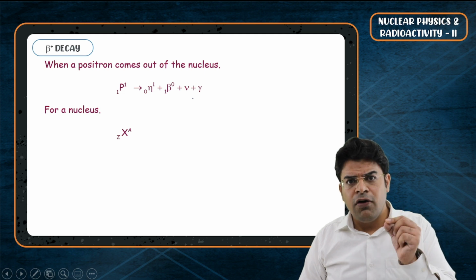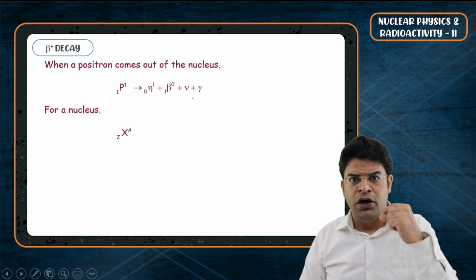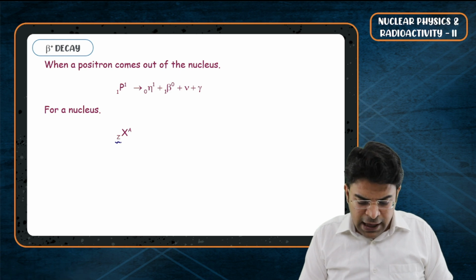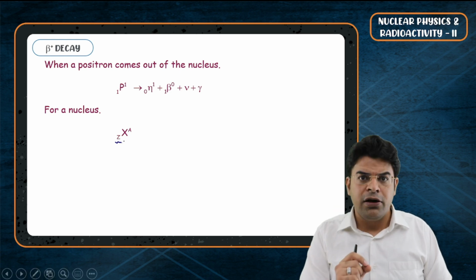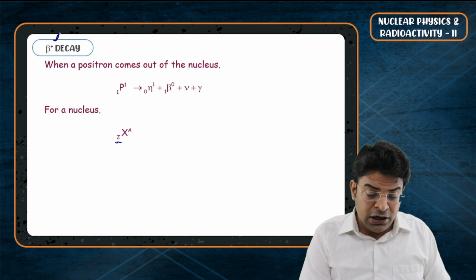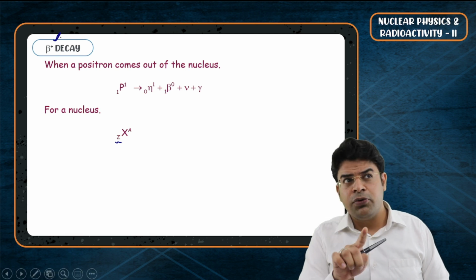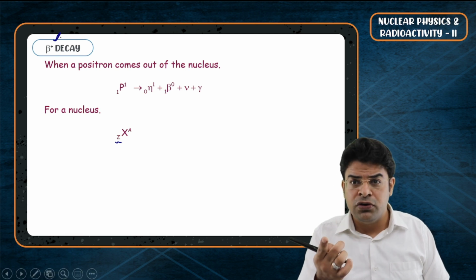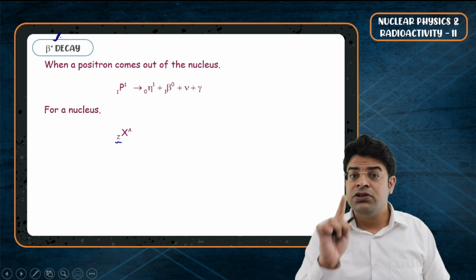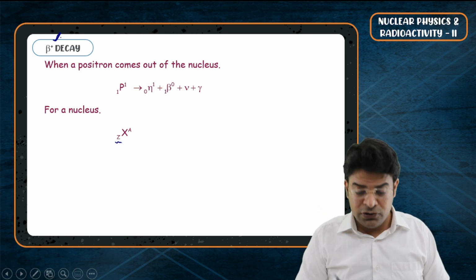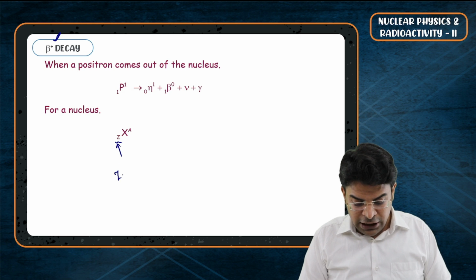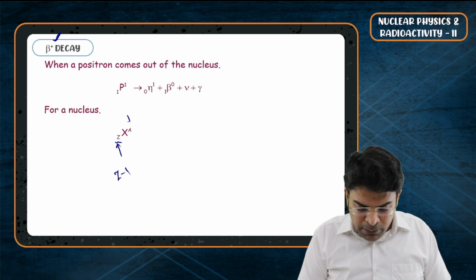So if one of the protons converts into a neutron, tell me what will happen to the atomic number once the nucleus has undergone beta plus decay. So sir, one of the protons has converted into a neutron, so the number of protons will decrease by 1. So the new number of protons will be Z minus 1. So the new atomic number will be Z minus 1. And what about the mass number?